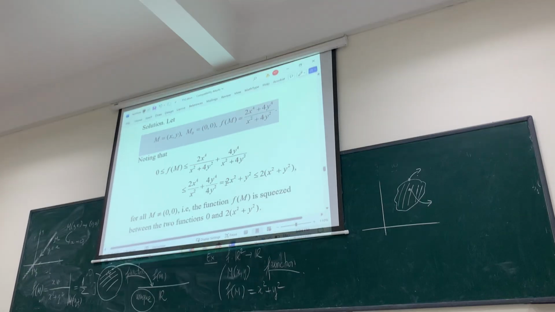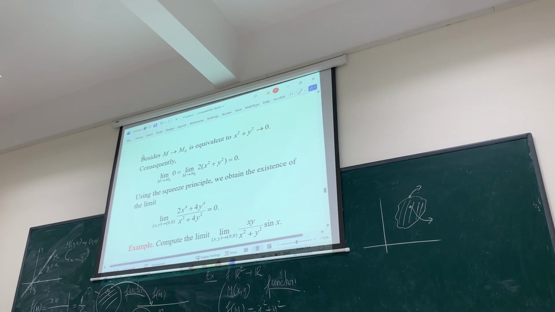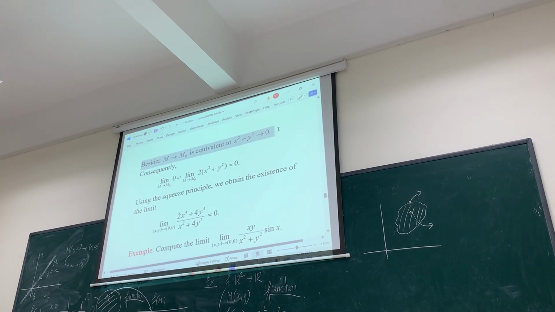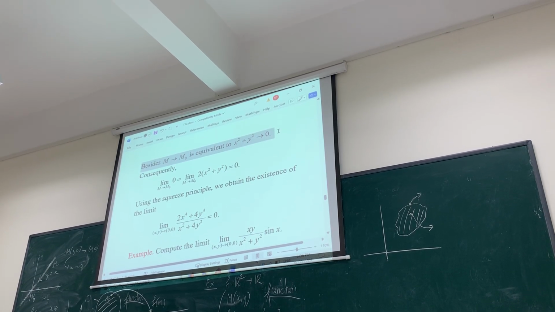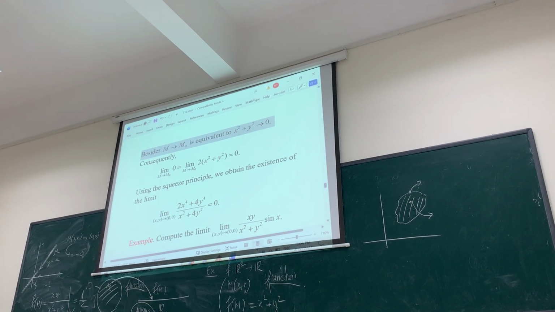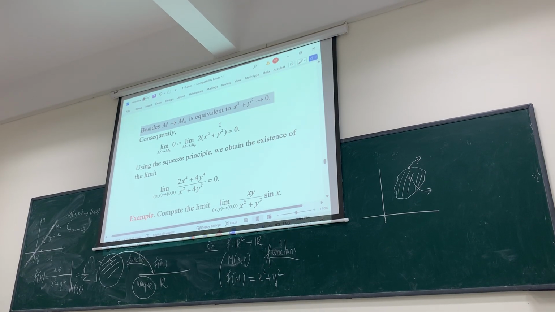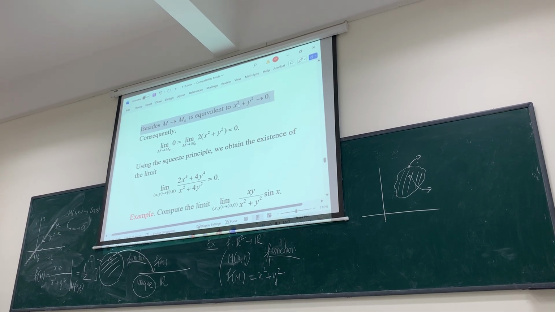Okay, now we continue. Now we can see we need to estimate the limit of the function when M tends to M0. I think you know the condition: M tends to M0 is equivalent to x squared plus y squared tends to 0.